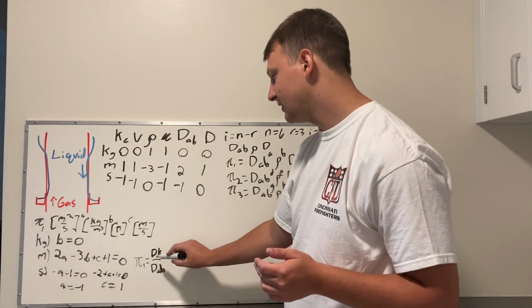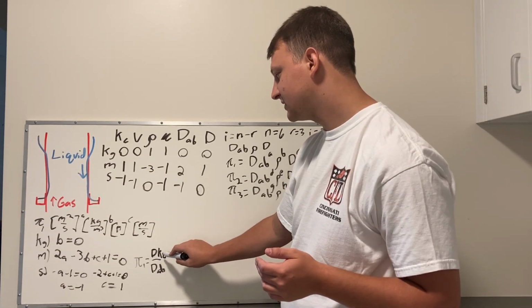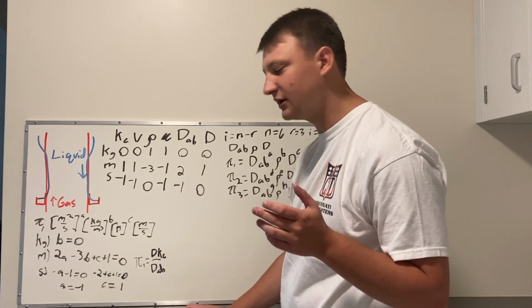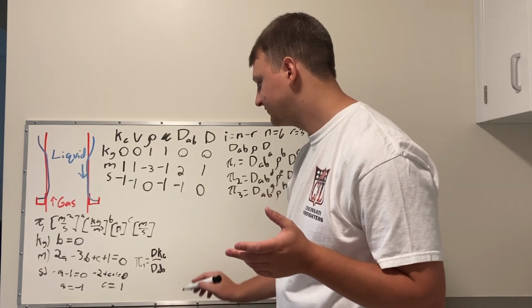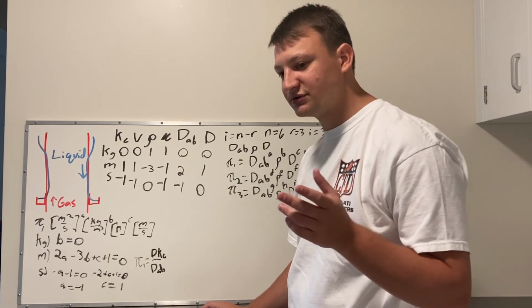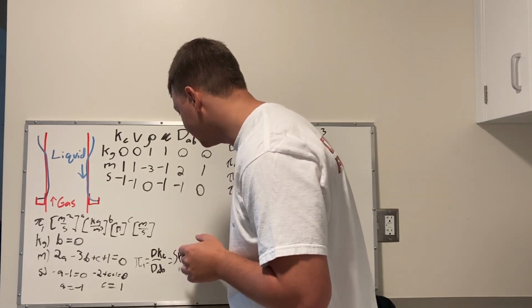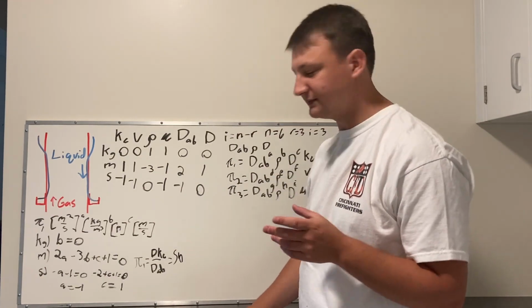So you have the length dimension times the mass transfer coefficient divided by your mass diffusivity constant, which is also the same as the Sherwood number, which we'll need.